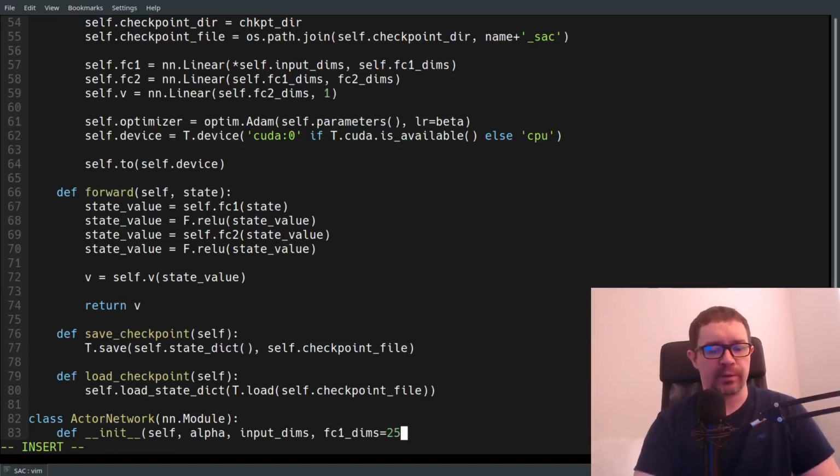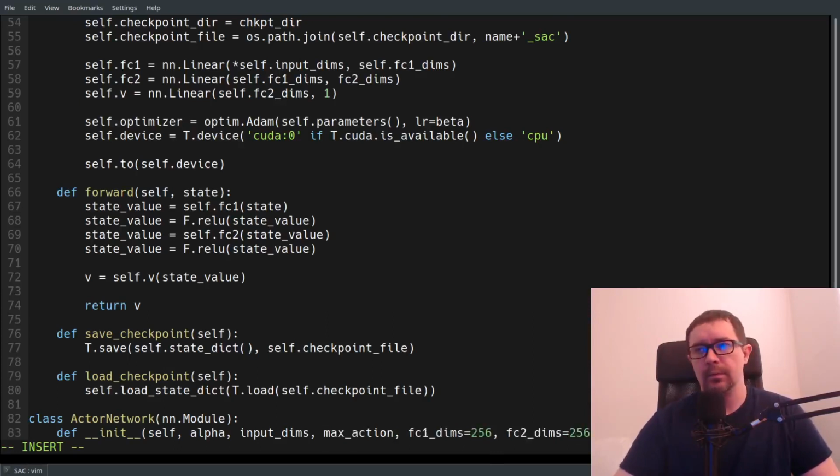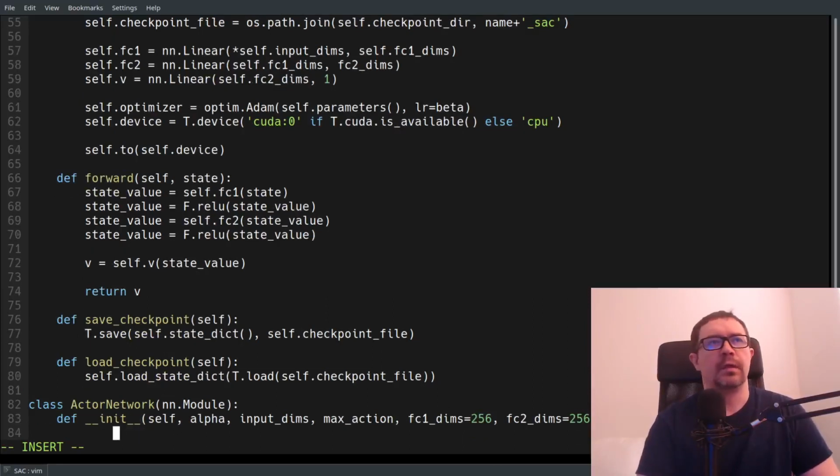I'm going to default this to what we use in the paper. Max action. Let's not give that a default value. We will also need a num actions, a name, and a checkpoint directory.